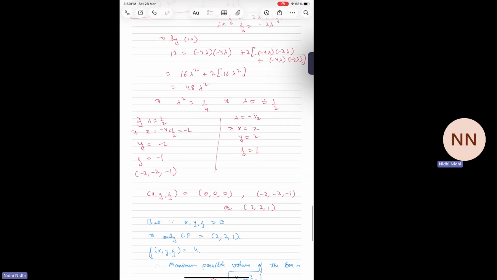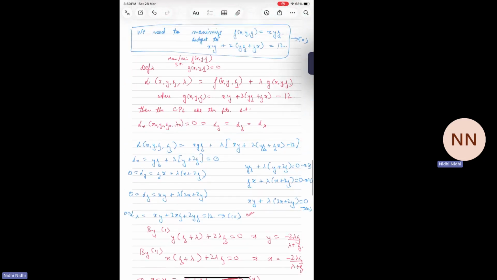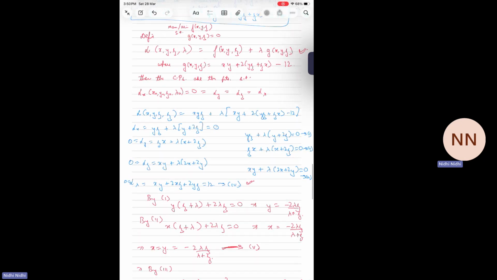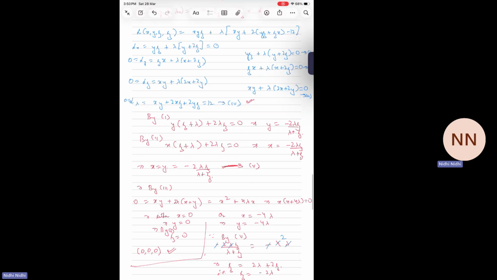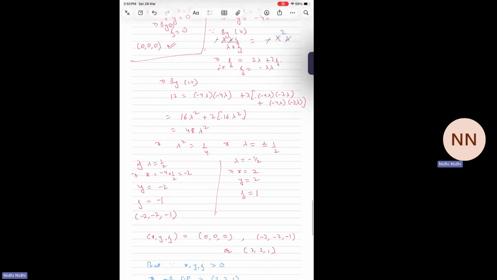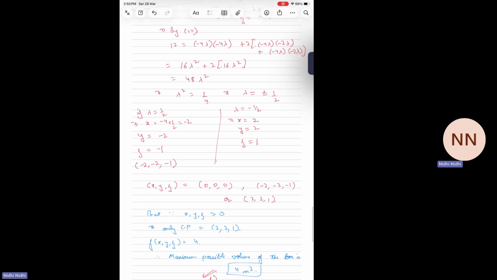So I hope the solution was fine. You understood how we use the method of Lagrange multiplier. The idea is to firstly construct this function L and then look for the critical points. And at those points, we find the values of the function. In fact, you can see that at the rest of the critical points, the value was lesser.